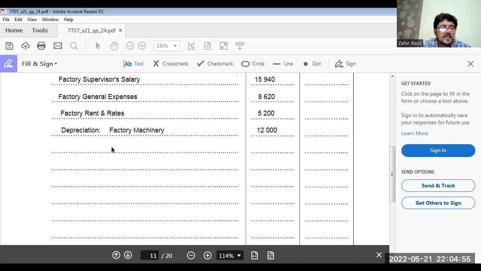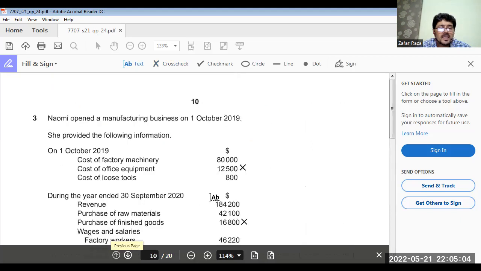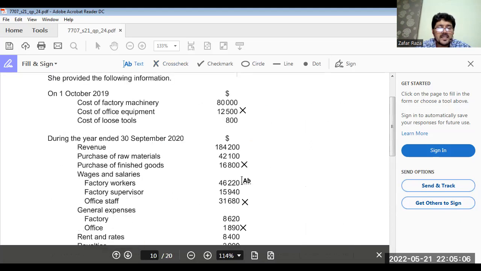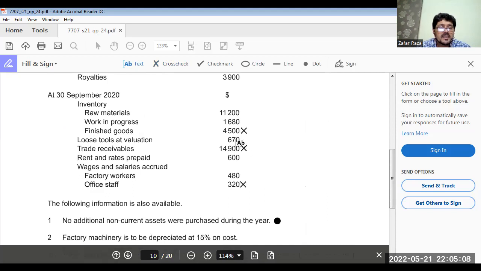And the second item for depreciation was loose tools. Now check for the loose tools. Start of the year 800, end of the year 670. So 800 minus 670 is 130.